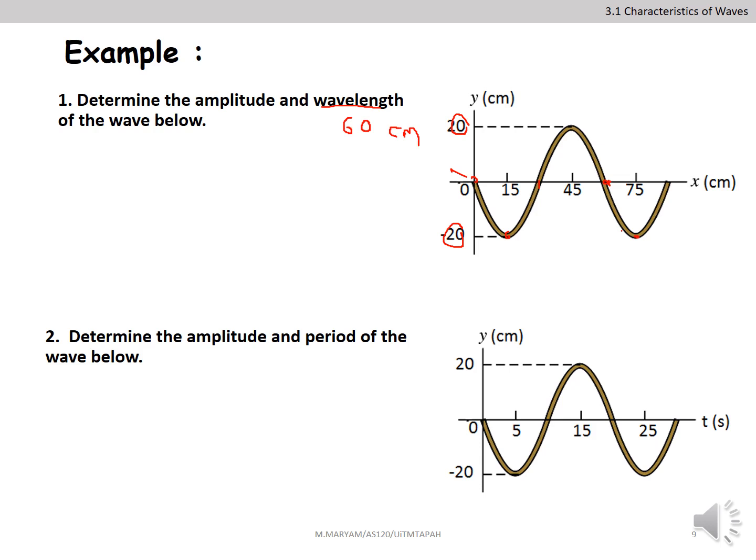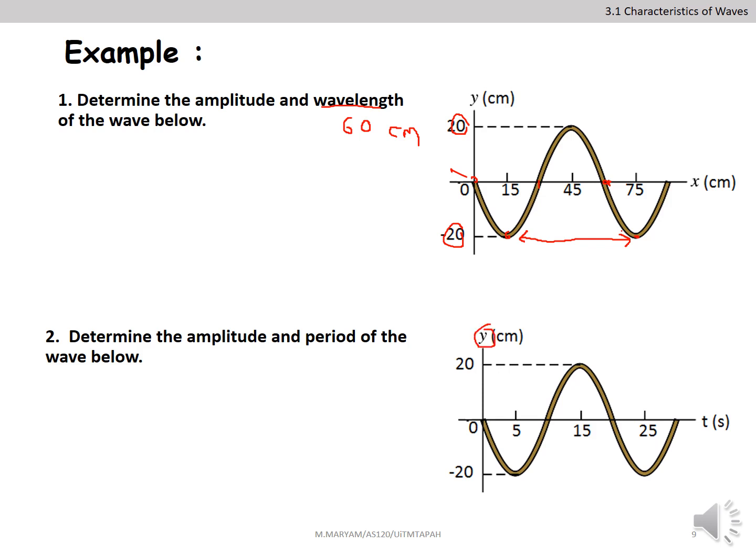Agree class? Clear? Or let's check by using a peak point or trough point. Here 15, here is 75 centimeter. So the distance is 75 minus 15, we got 60 cm. So the wavelength is 60 cm.